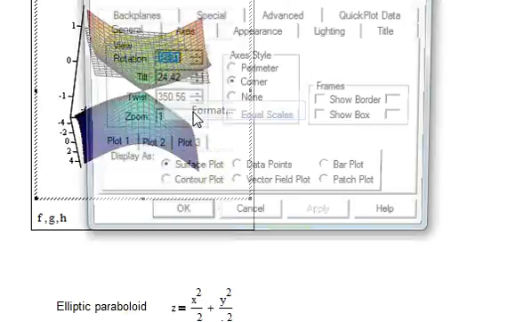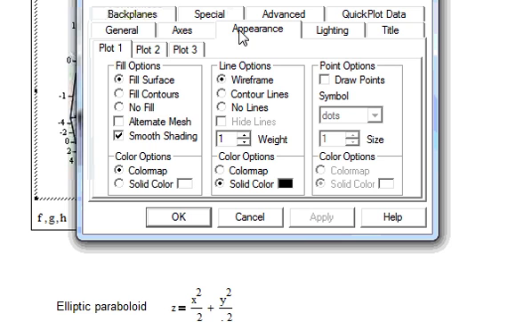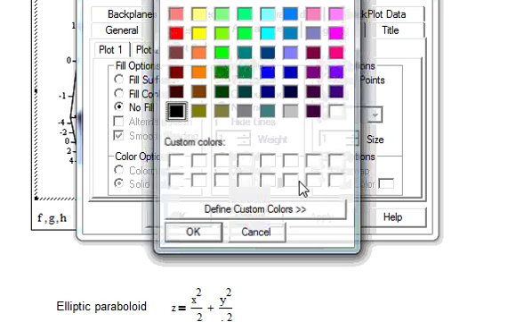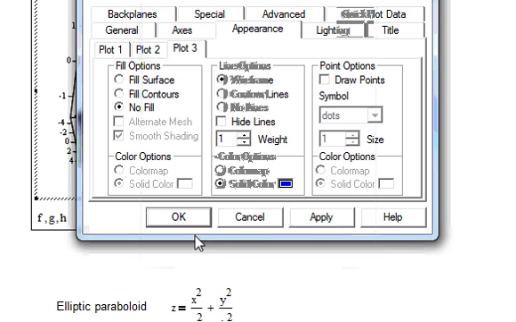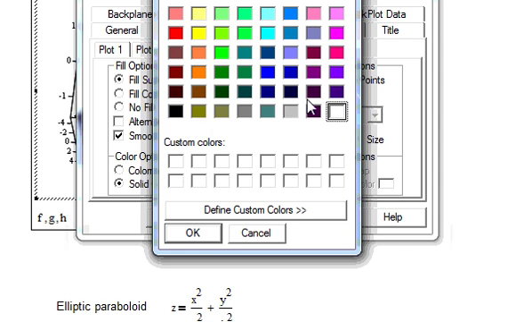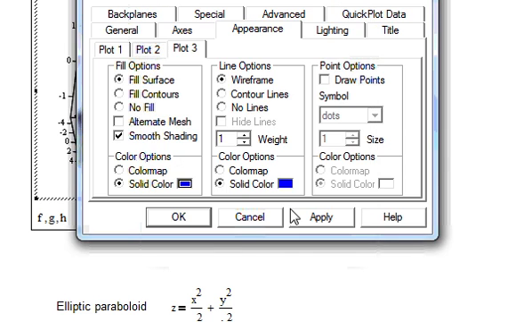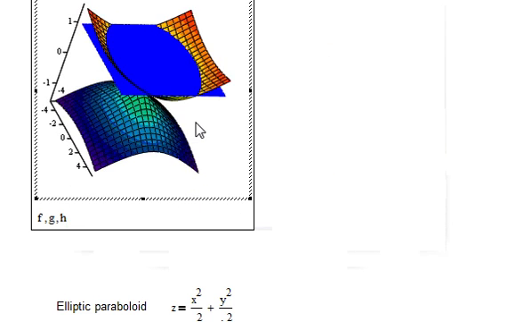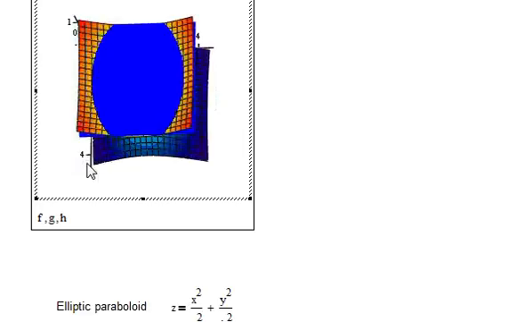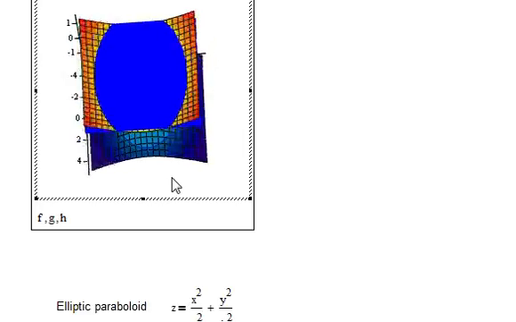Let me adjust my picture a little bit for plot 3. I'll make the appearance of plot 3 a nice pretty blue plane. And see, now you can see how this blue plane forms an ellipse.